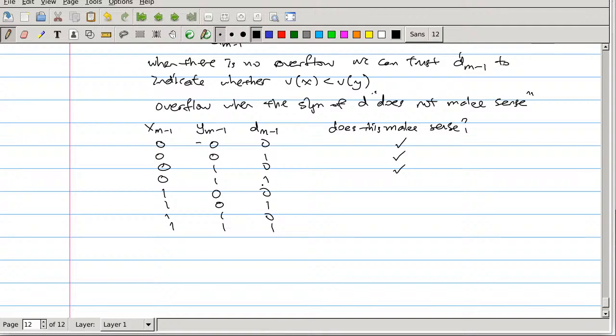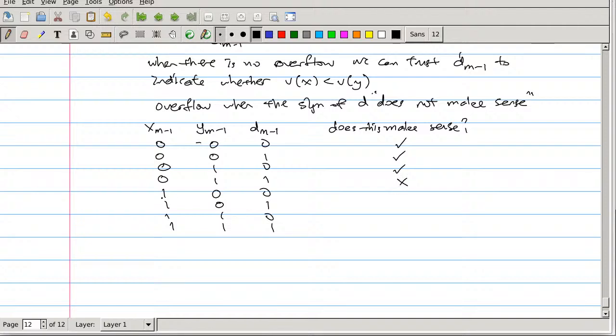We actually have encountered this case already. It does not make sense. We actually encountered this case already when we asked what is 7 minus 1, and the end result is what? 7 minus 1 turned out to be negative 8. So it doesn't make sense. So we will put a cross here.